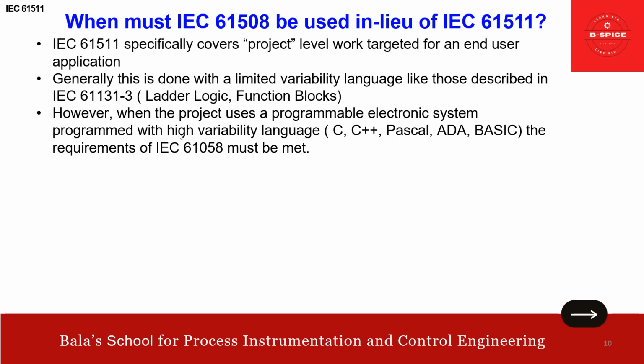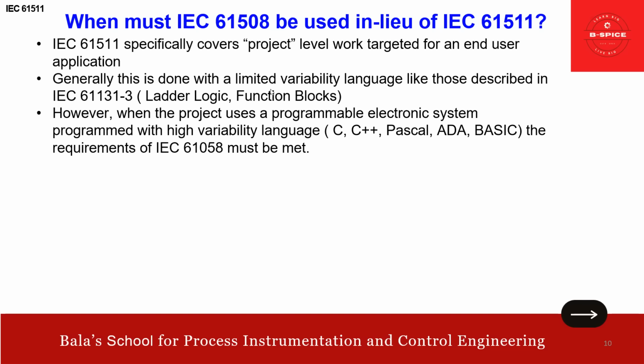However, when the project uses a programmable electronic system programmed with a high variability language like C, C++, Pascal, all these are the requirements of IEC 61508. Sorry, this is a typo. 61508 must be met. So now the question is, when must IEC 61508 be used in lieu of 61511?